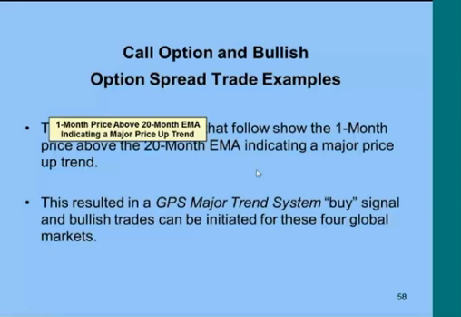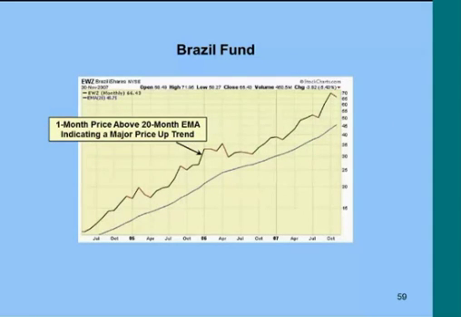Okay, let's take a look at some actual option trades that I took using the major trend system. These markets were on a buy signal when I purchased these options and option spreads.